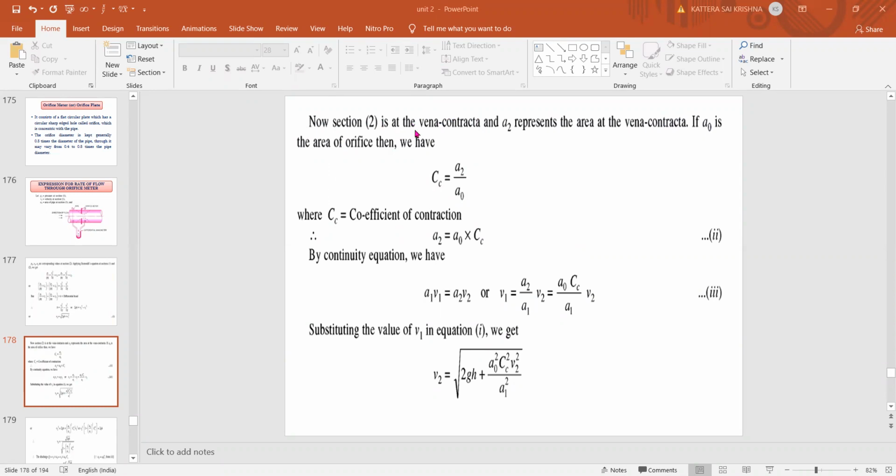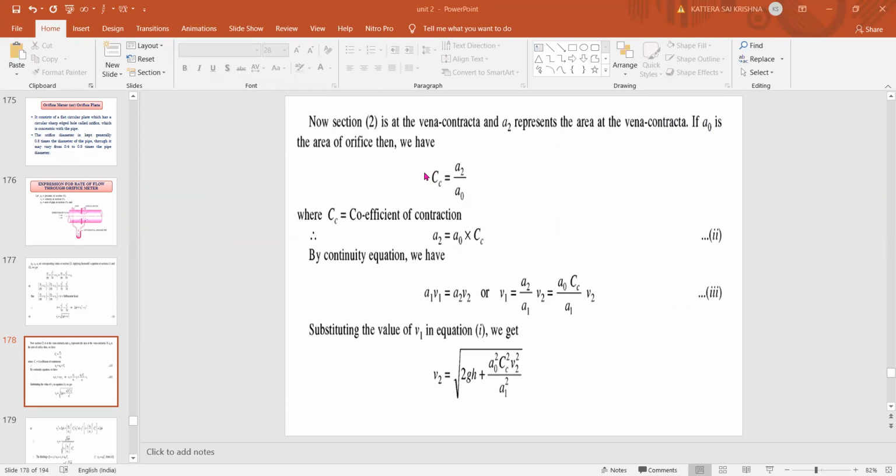I already said what the vena contracta is: the place where the velocity is maximum, or the diameter of the stream is the least. A2 represents the area at the vena contracta, while A0 is the area of the orifice, which is very next to the orifice.